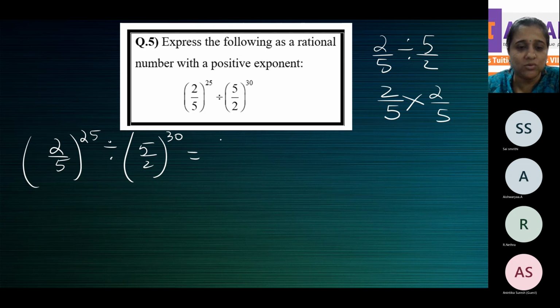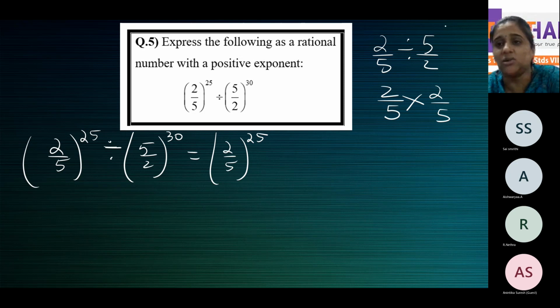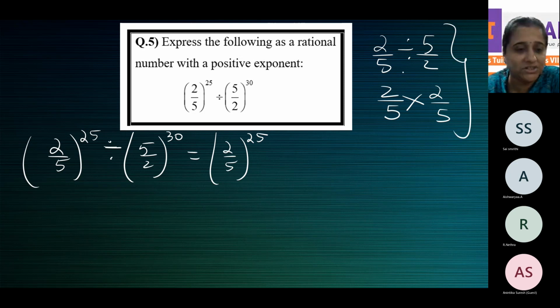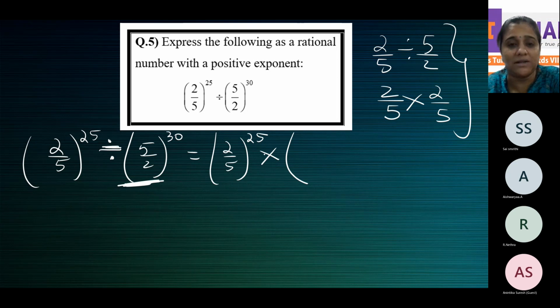This is equal to 2 by 5 to the power 25, division becomes multiplication. So we have to write the reciprocal of this. That's the rule. When you change division to multiplication, what do you do? You write the reciprocal of this one. So now write the reciprocal.